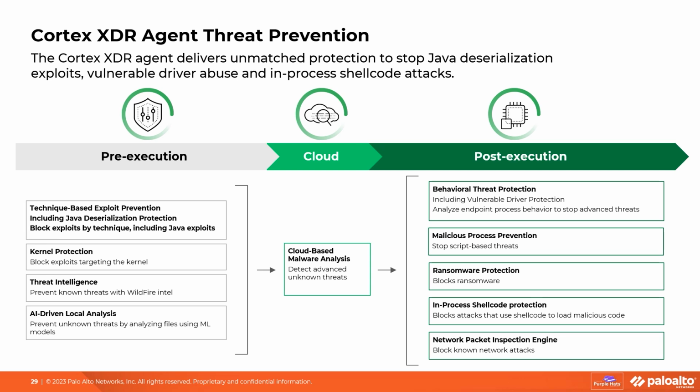We have the in-process shellcode protection that is used to analyze specific shellcodes that are loaded into memory in process, and that allows us to detect in an earlier stage the different attack frameworks such as Cobalt Strike or Sliver, etc. And our network packet inspection engine, which allows us to inspect different communications going out from the agent to C2 servers and detect those if those are malicious, to kill the process that created them and prevent further communication.